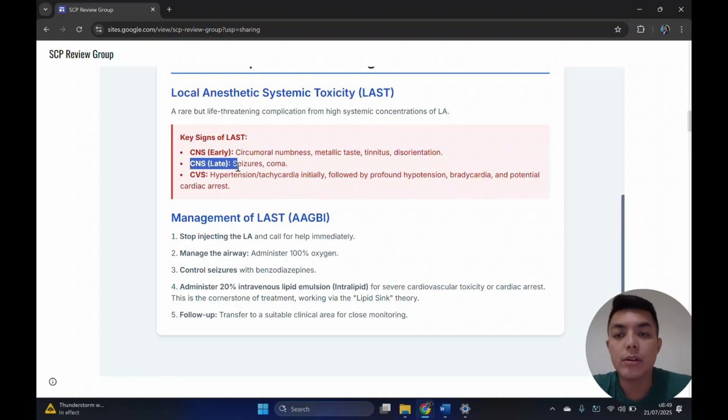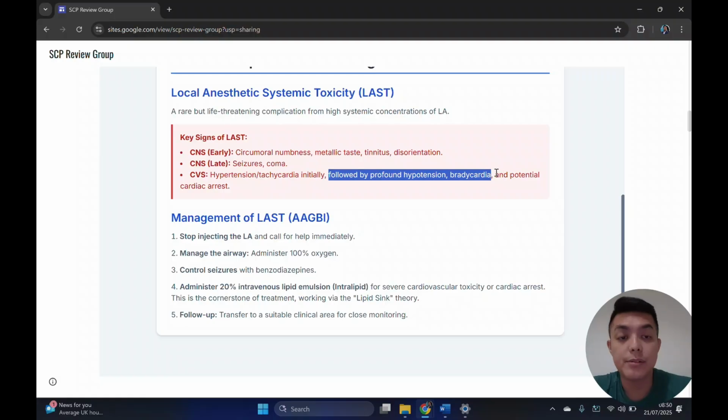Next, it will go to a late CNS state, which can involve seizures and coma. But the first one we will see in the cardiovascular system is an excitatory phase, which is hypertension and tachycardia initially, followed by profound hypotension and bradycardia.